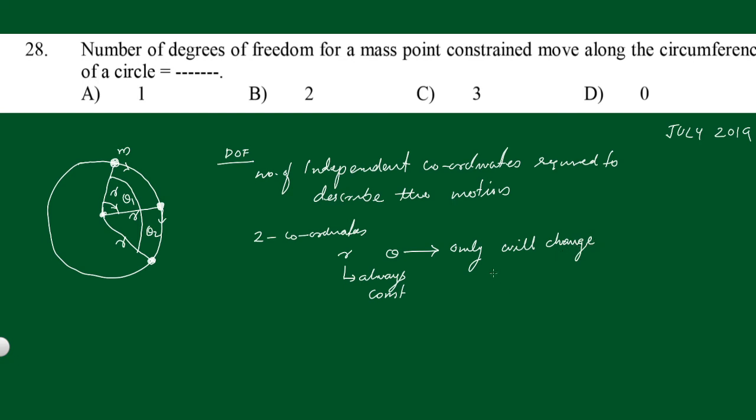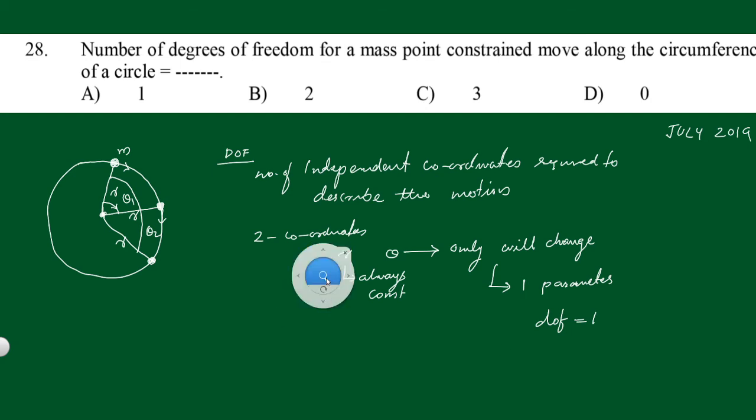With only one parameter, we can describe the motion of the mass point. So the degrees of freedom is equal to 1. We need only one coordinate to describe the motion.